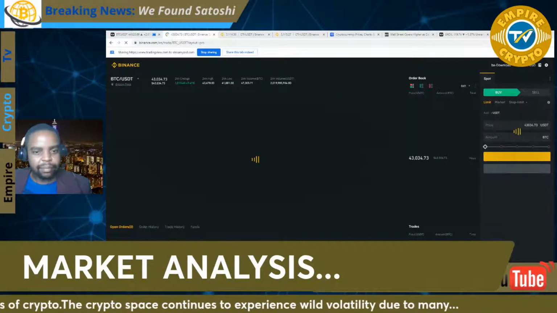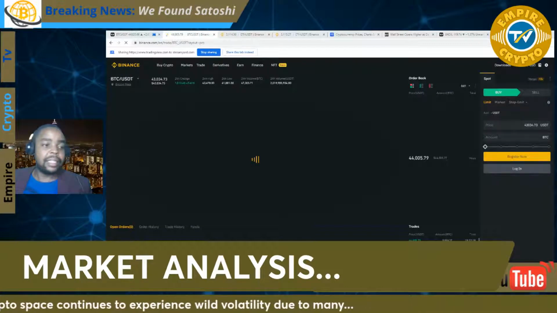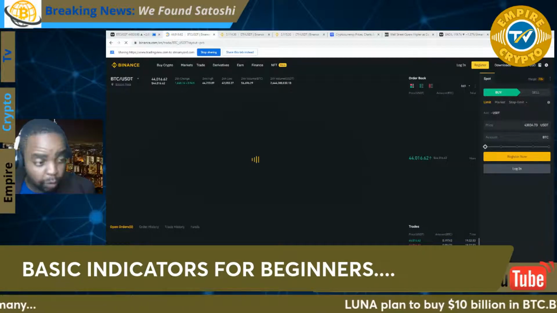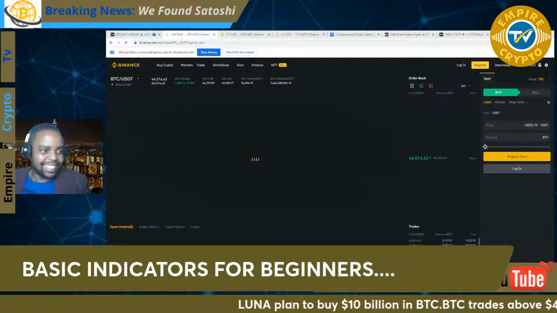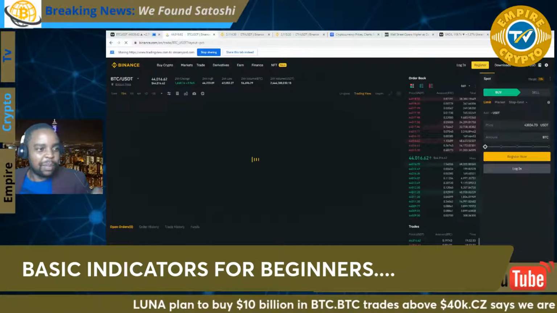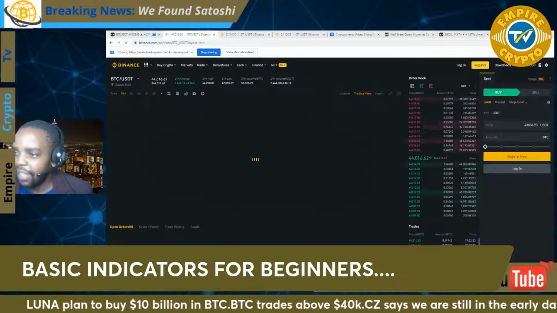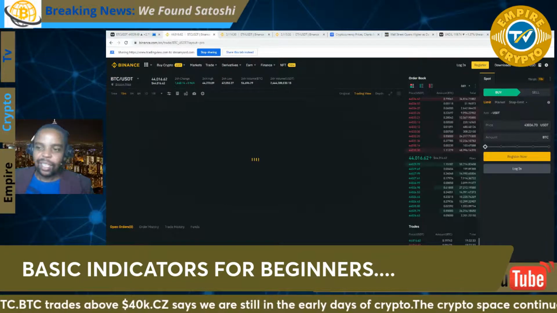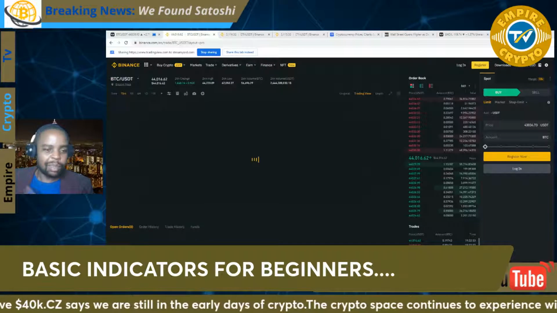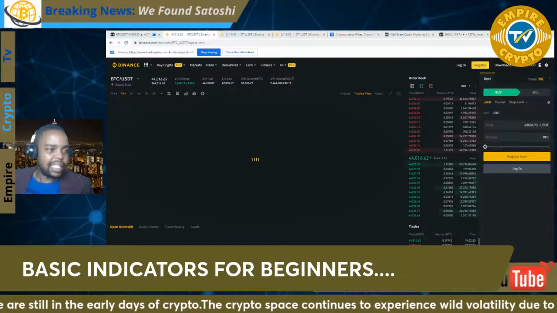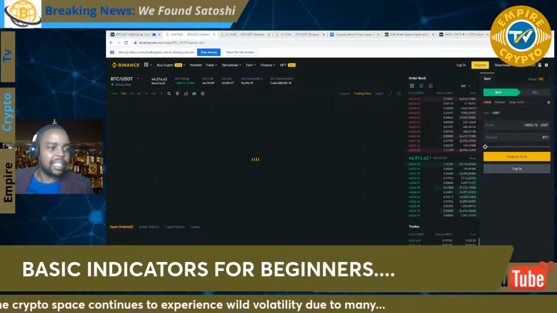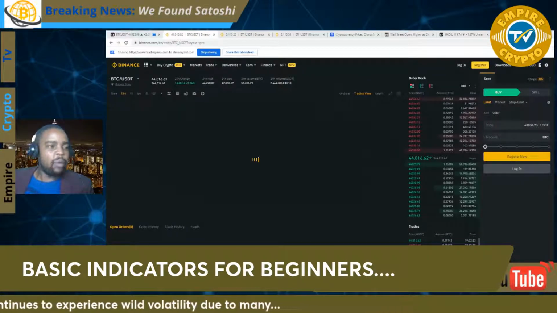This is the market analysis, and we've been doing basic indicators. I forgot to put that up so that people can see what I'm dealing with here. Before I do any market analysis, they can see that I'm using some basic indicators that I have just shown you, MACD, relative strength index, and so forth, and they work hand in hand, as I've shown you.